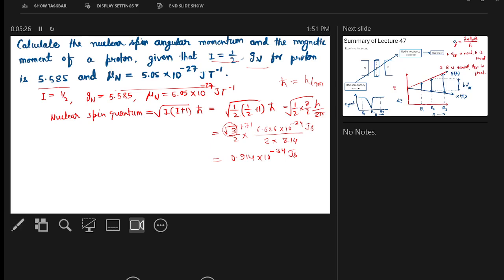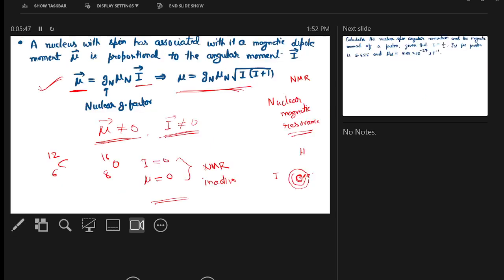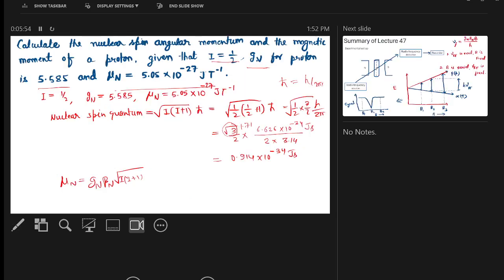And then the question is asking for the nuclear magnetic moment, mu n. We know mu n is Gn times beta n times the square root of I into I plus 1, which is nothing but your nuclear spin angular momentum. After solving this, substitute the values.